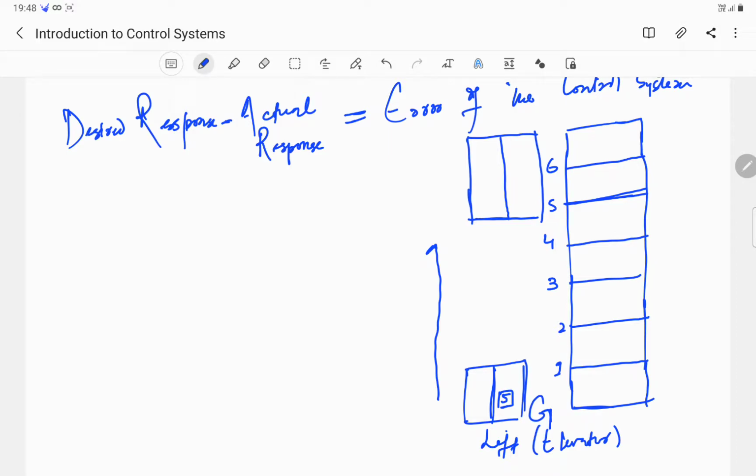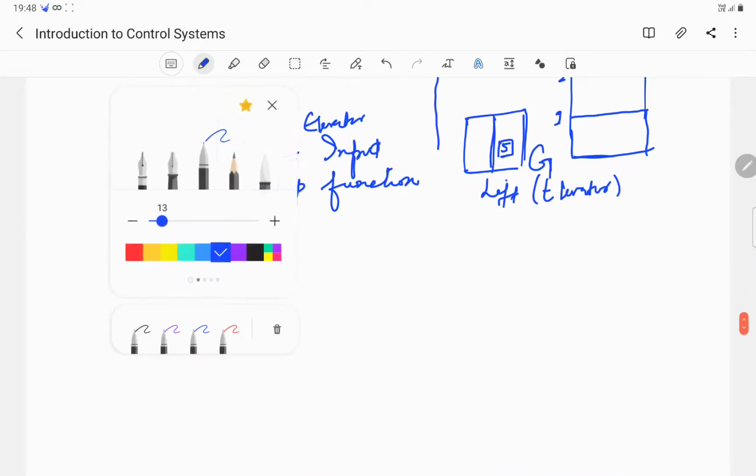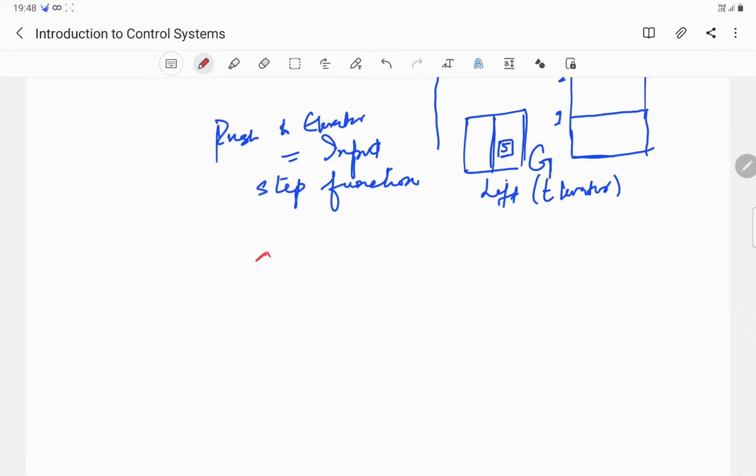So the push to the elevator is the input. When we push the button, the push to the elevator is the input, which is basically a step function, a constant value. If I represent it graphically, I have the time axis along the x-axis.